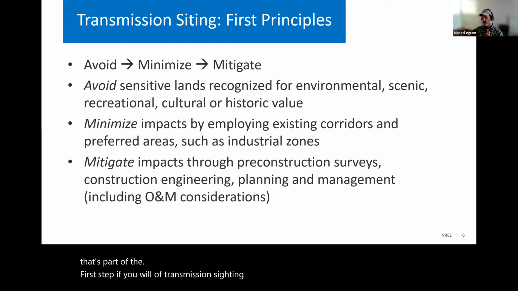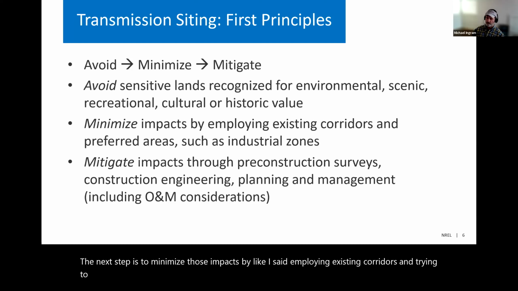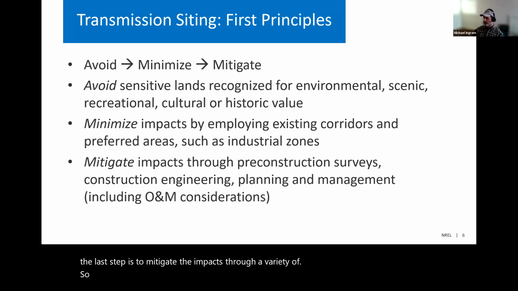Then the next step is to minimize those impacts by, like I said, employing existing corridors and trying to identify preferred areas that are away from residential zones, even commercial zones, of course, schools, and areas that might carry pushback in themselves.